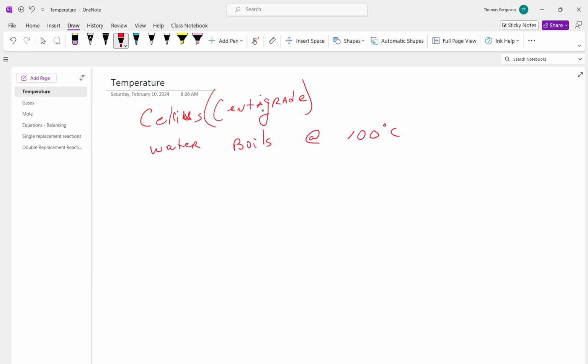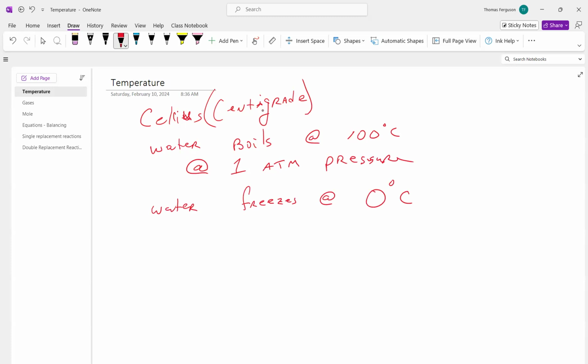So in the Celsius system, water boils at 100 degrees. Boom. At 1 atmosphere pressure. Water freezes at 0 degrees Celsius.